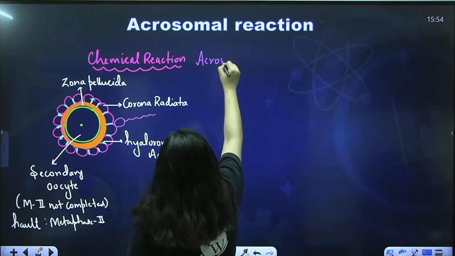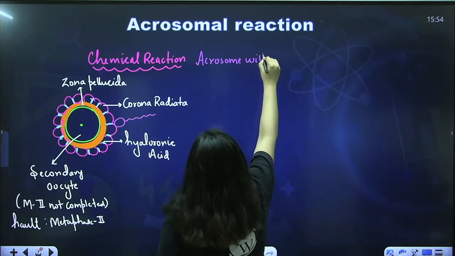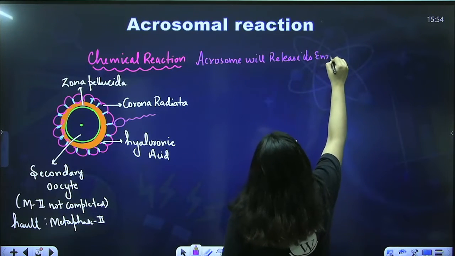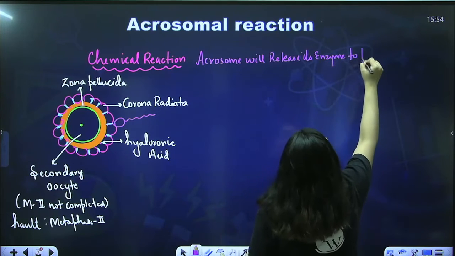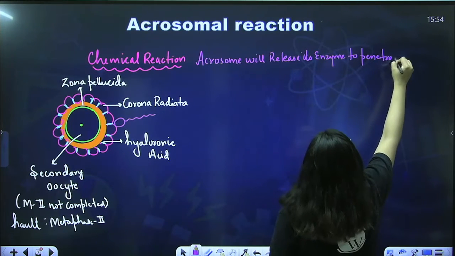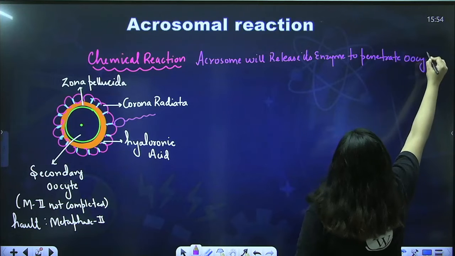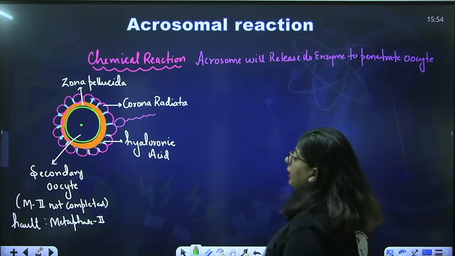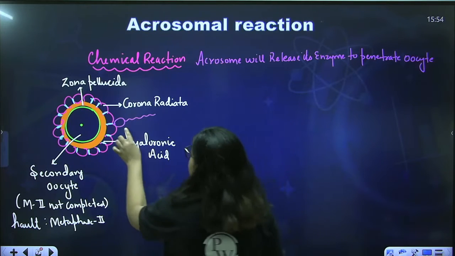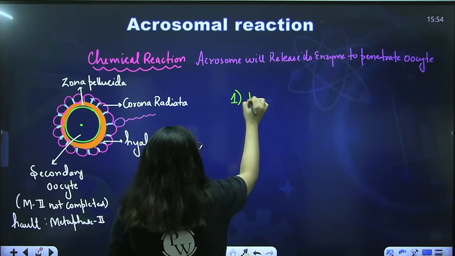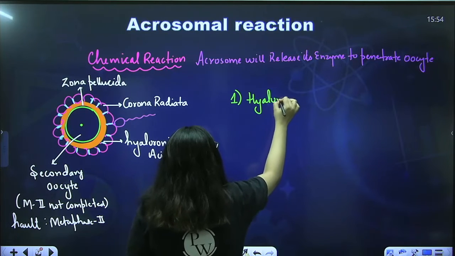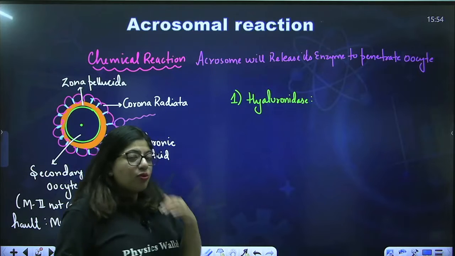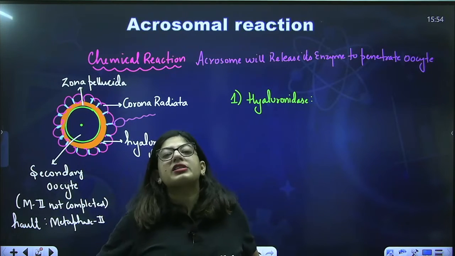The acrosome will release its enzymes. Why? To penetrate the oocyte. Right? So what enzymes will it secrete? There are certain enzymes. The first enzyme that the acrosome will release is hyaluronidase. "Ase" is always used for enzymes, and most enzyme names are based on their substrate, right?